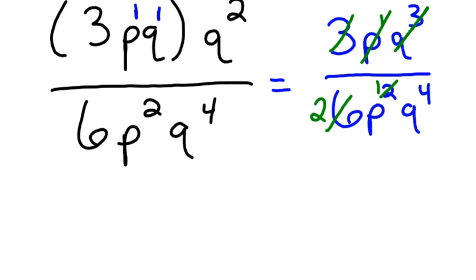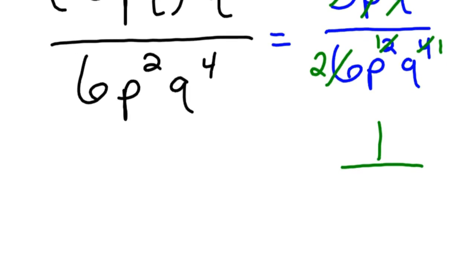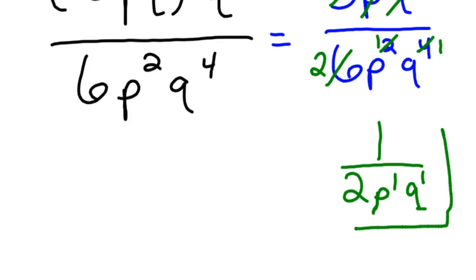And then we're going to cross out 3 q's, and there's 1 left on the bottom. So on the top, everything's gone. Well, it's not 0. There's still a 1 there. And on the bottom, you'd have a 2 coefficient left, p to the 1st power, and q to the 1st power. And there's your final answer.